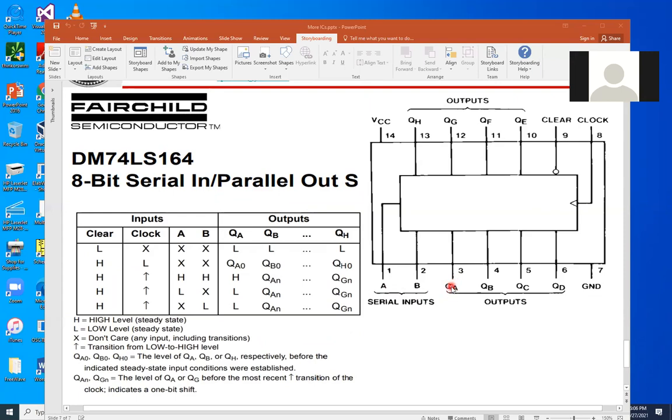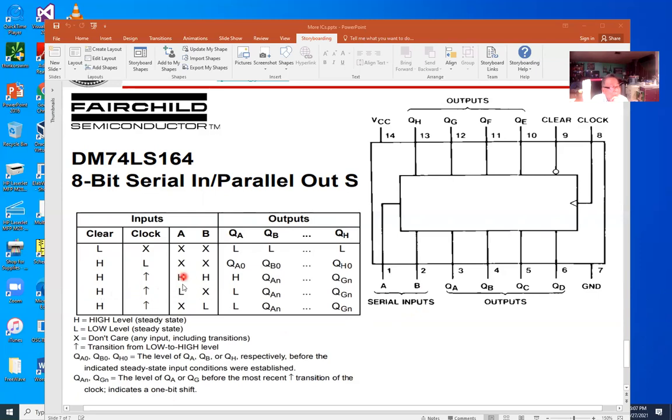If A and B are both low, then everything will be low for all the outputs? What happened there? A is low, B is low. No, you cannot have that. Normally, if you want to do that, you can use that one here.